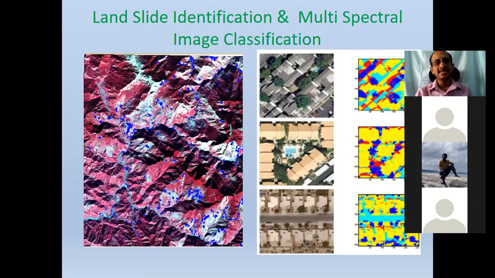This is another application: the identification or detection of landslides from hyperspectral or multispectral images. Usually in satellite image processing, because they don't have the ability to acquire very high resolution images, the camera being very far, they acquire across several bands.